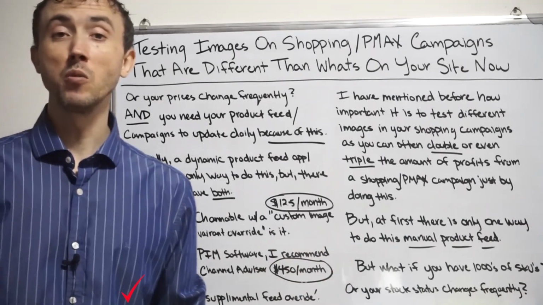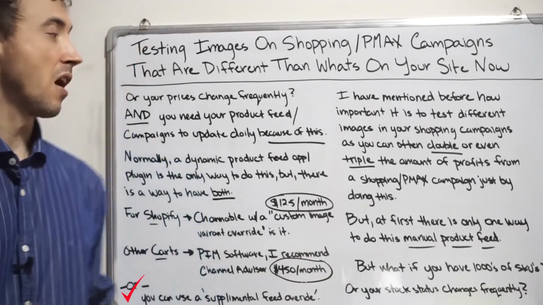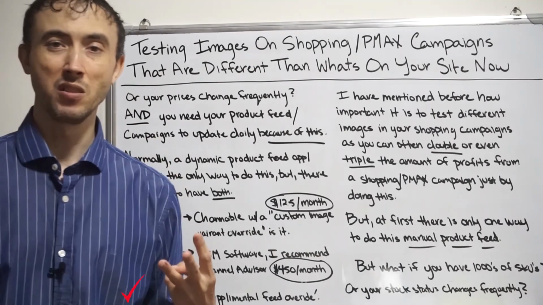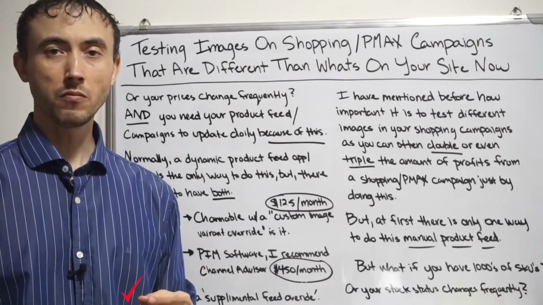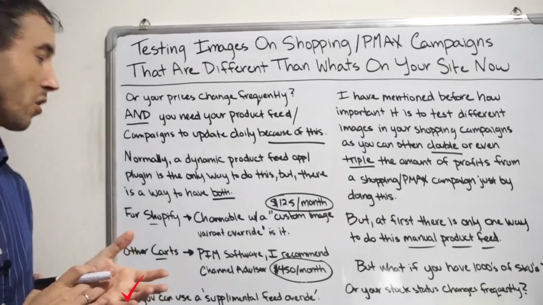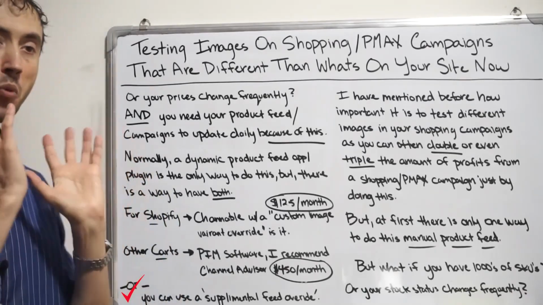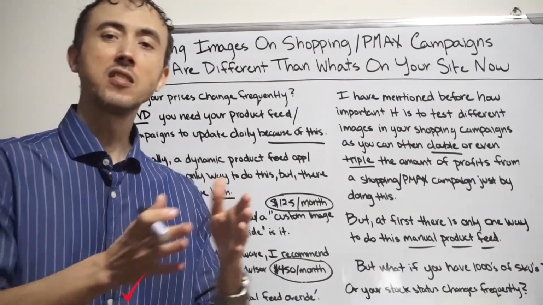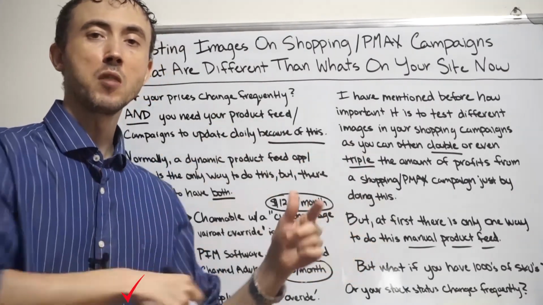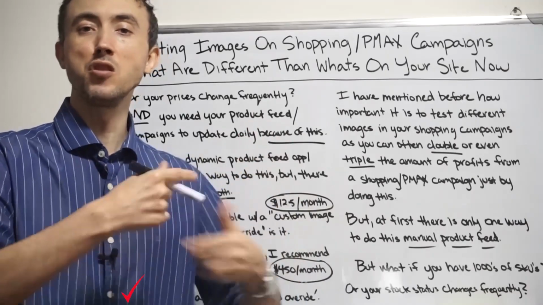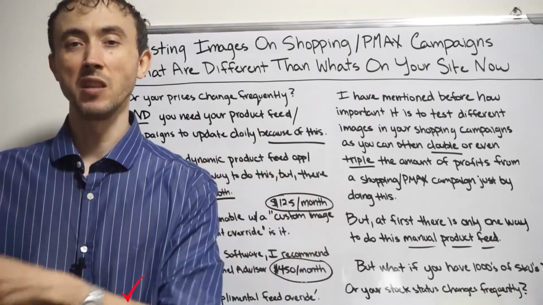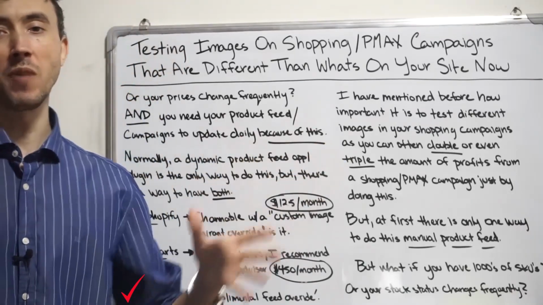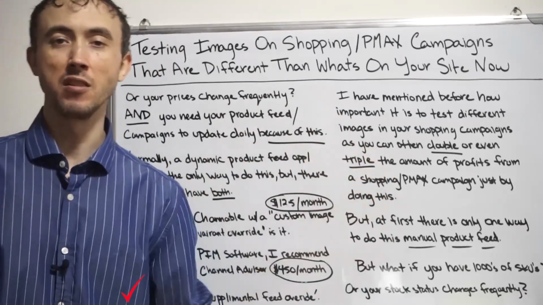So you can decide what you want to use. You now have the options to do whatever you want. Technically, there are three options. You could use a custom script to take your products from your site and send them on to Google Merchant Center, but with whatever custom image you want to show on Google Shopping, not what is shown on your site right now, which in itself is way too advanced and complicated for 99% of you guys.